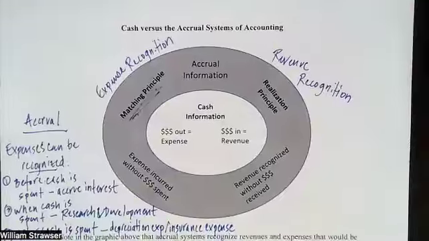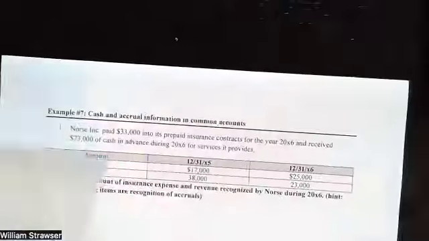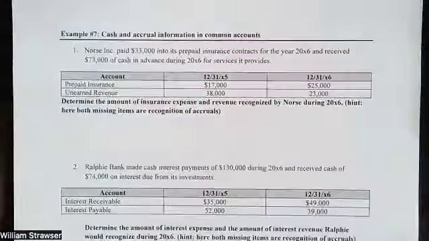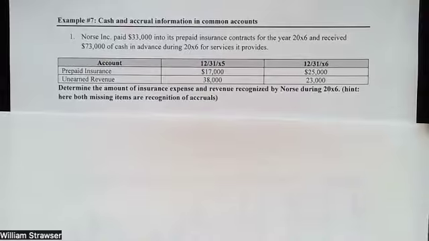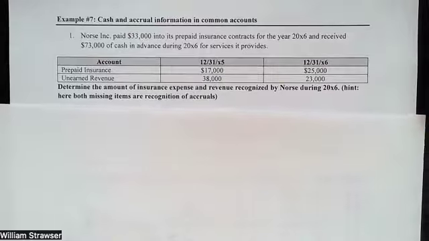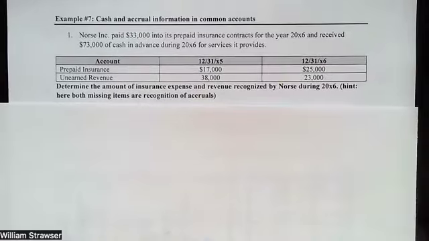So given that, I want to look at a couple of problems where we look at how we can figure out cash information or accrual information given some simple accounts that hopefully we're somewhat familiar with.